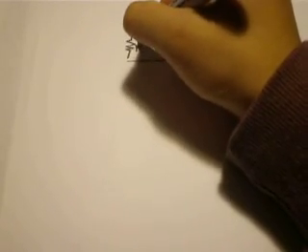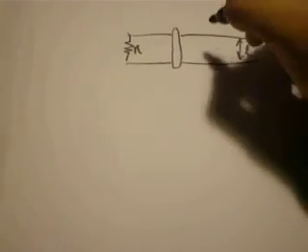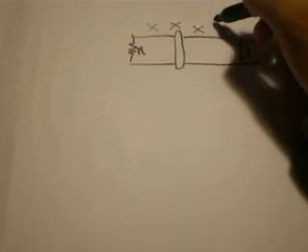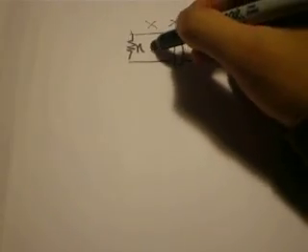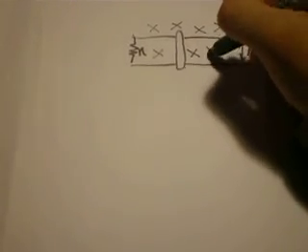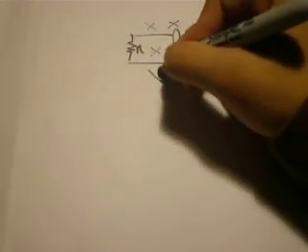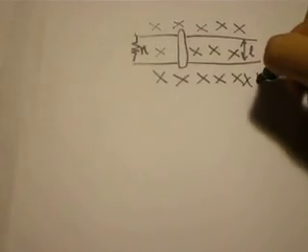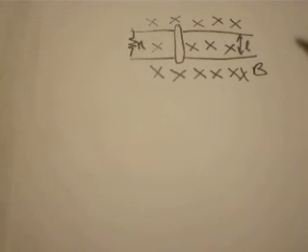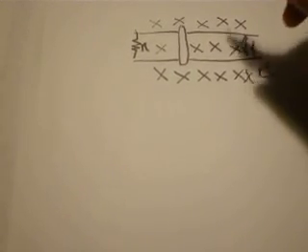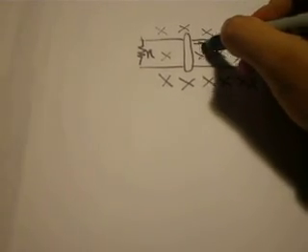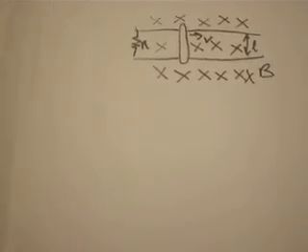The rails have a resistance of R, and we have a magnetic field into the page with magnitude B. The rod and the rails don't have resistance to each other, and at t equals 0, the rod has a speed of v naught to the right.